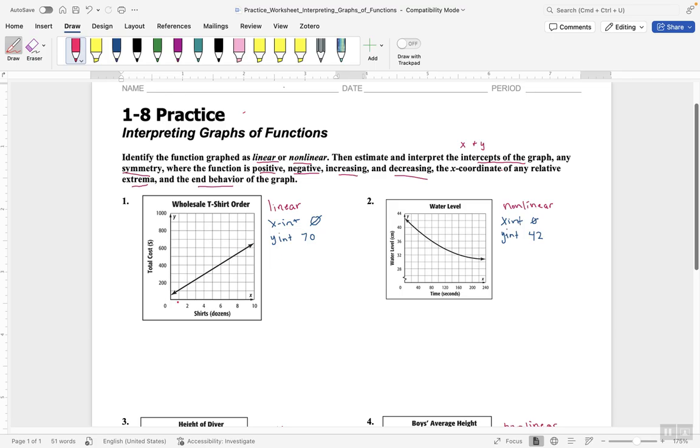You can see that this graph is all above the x-axis because all the y's are positive. There are no negative y's showing. So we're going to say all positive. This one is also all positive.